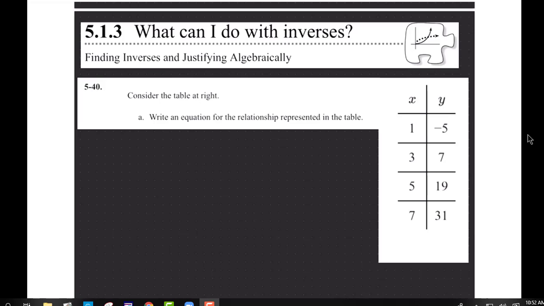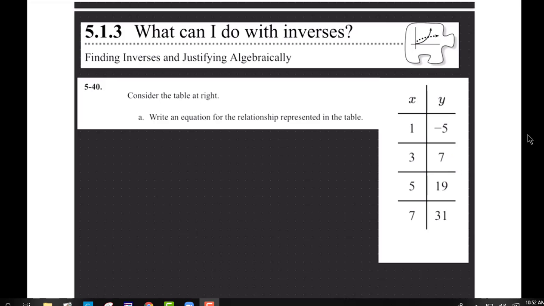So if I go from -5 to 7, what do you think I'm doing? How much are we adding? 12. To get from 7 to 19, what are we doing?